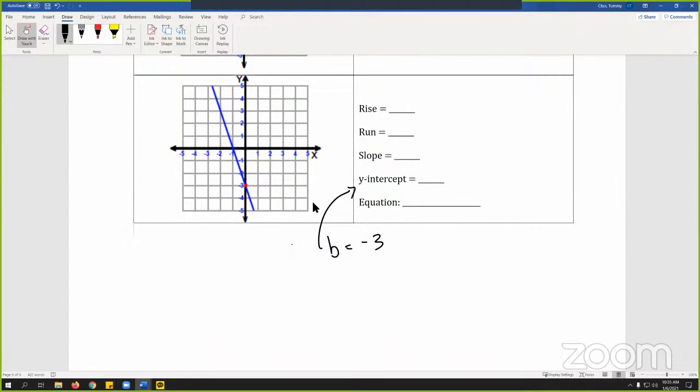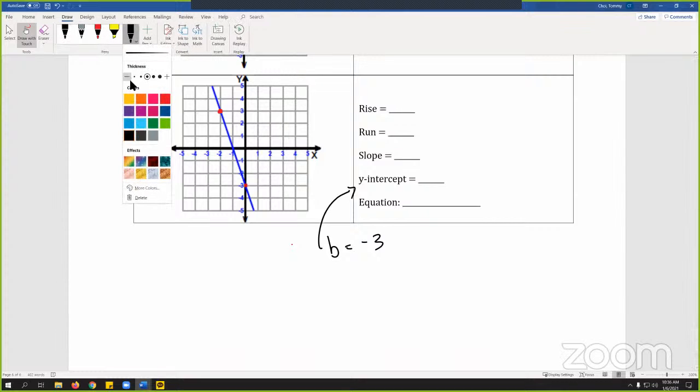So b equals -3 is going to be our y-intercept here. Now our rise, run, and our slope. First we need to find another point on our graph. If this is a point on our graph, the first one I found was here. So there's my second point that I'm going to use. I can then draw my triangle, which is our rise over run.